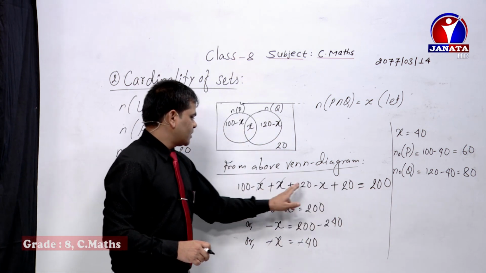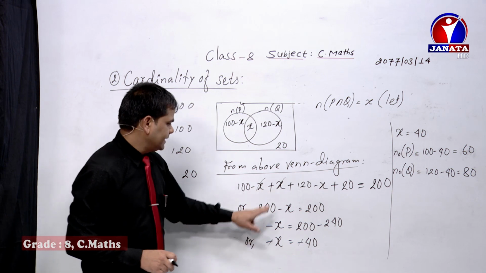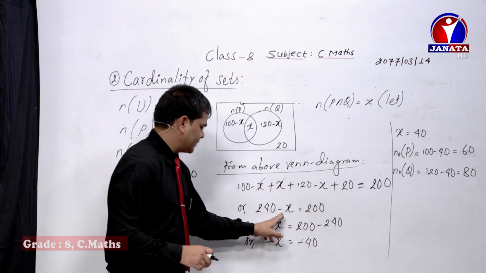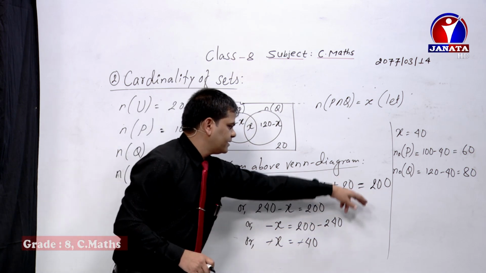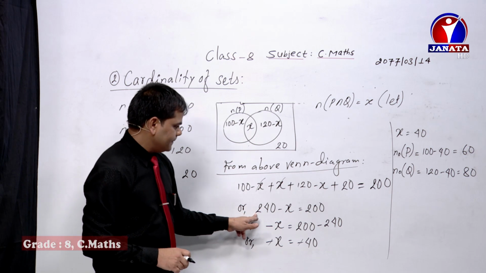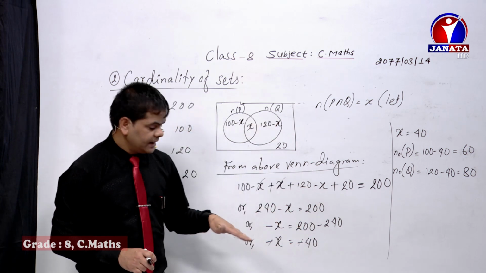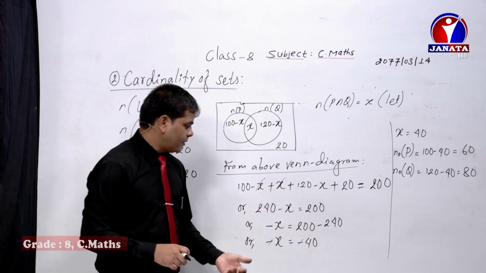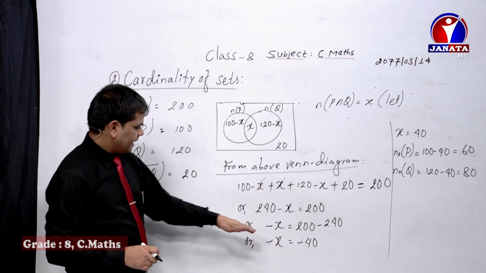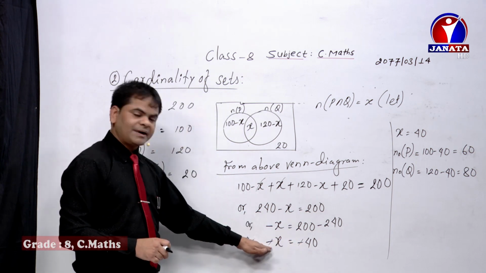So 100 plus 120 and 20, by adding, becomes 240, and minus x and plus x will be cancelled. Now minus x remains, so we keep minus x here, and on the right hand side there is 200, we copy the same. And 240, by taking it to that side, as it is positive, while taking that side it converts into the negative form. So 240 becomes minus, and 200 comes as usual, and minus x remains the same, this side also minus value, this side also minus value.